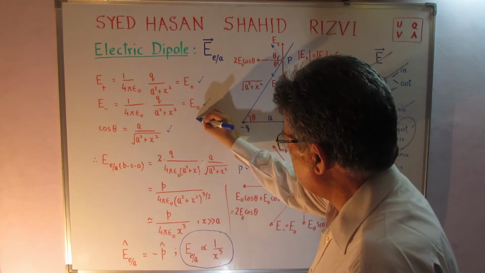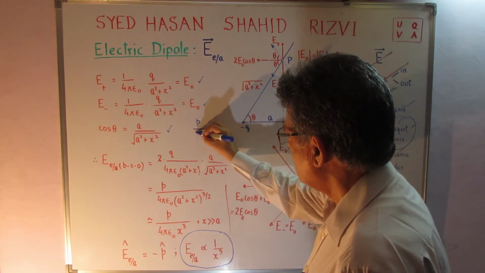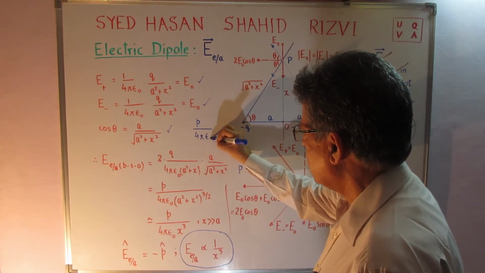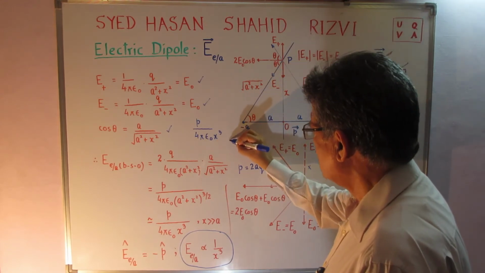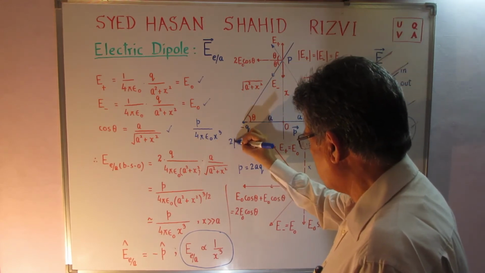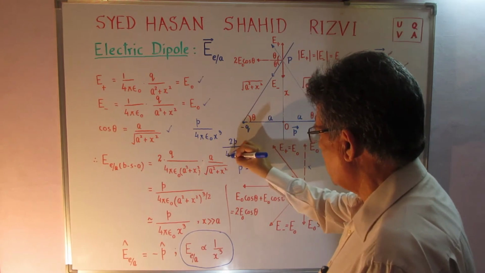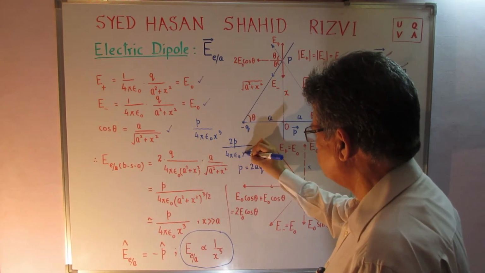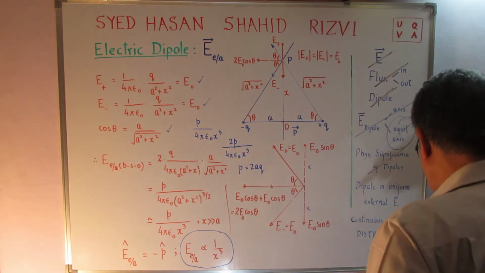So in one case I have p upon 4 pi epsilon naught x cubed, and in the other case it is 2p. Bear in mind that this value is twice as large. So that holds for the axis also.